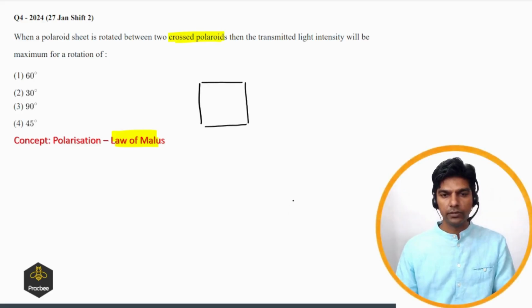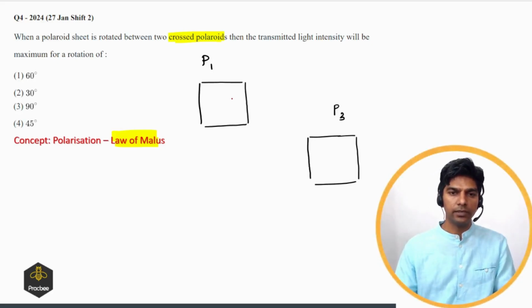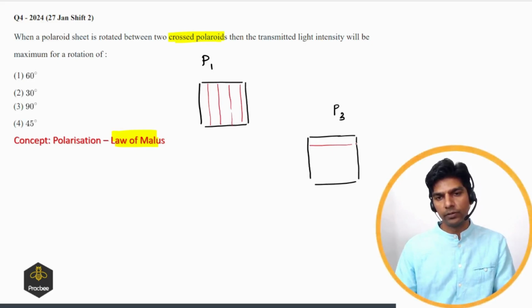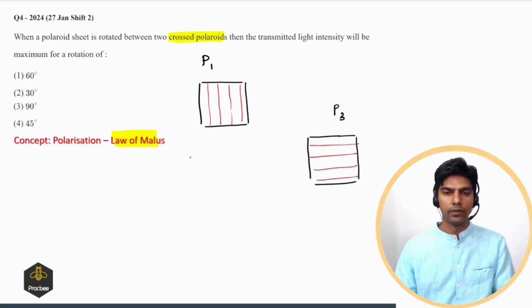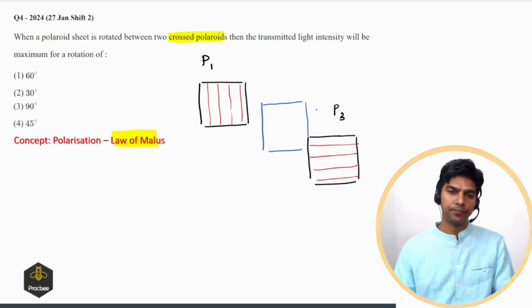So this is the first one, and let us say this is the last Polaroid, and their pass axes are perpendicular, right? And now we have another Polaroid between these two Polaroids, and let us say initially its pass axis was parallel to P1.